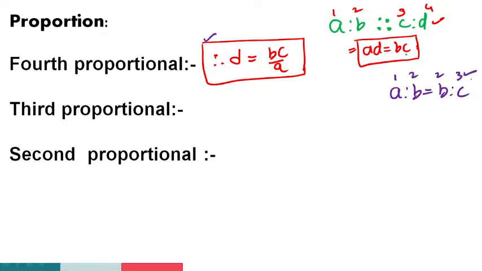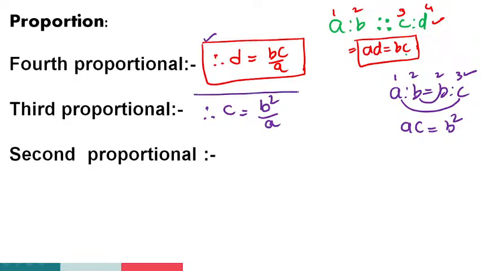So for the third proportion formula, we have to find out the C value. What is the proportion formation? AD is equal to BC, like this. AC is equal to B into B, B square. So we have to find out the C value. C is equal to B square by A. So that is the third proportion formula, guys.